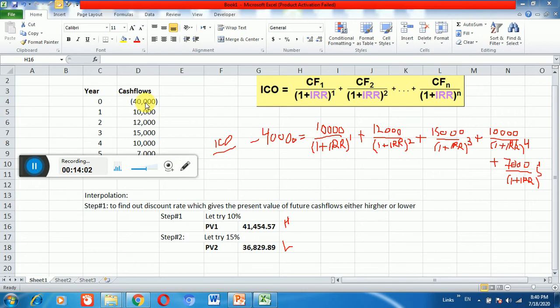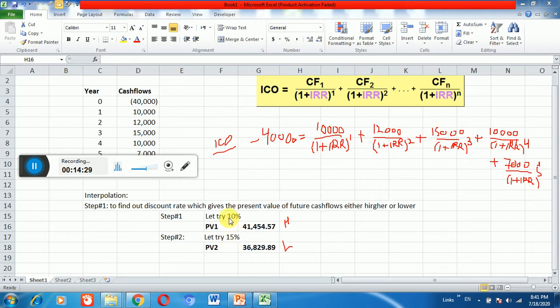Okay, so these two values must not always be the same. For example, as I have just given 10% here, you can try 5%, and here you can try 20%, or you can try 9%, and here you can try 15%, right?